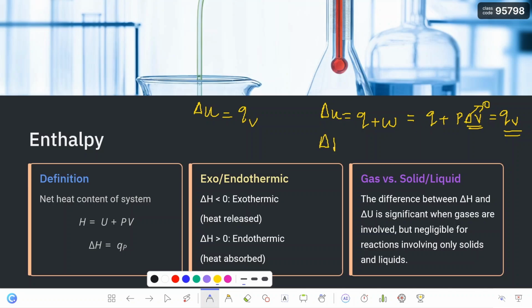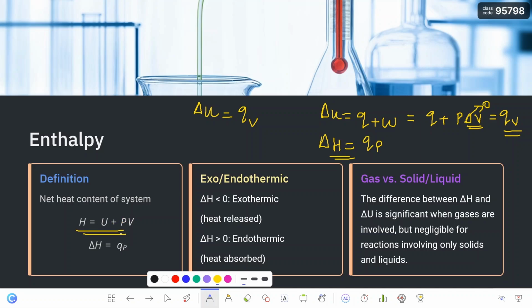Similarly, delta H, which is enthalpy, will be equal to QP. How this is coming, we will learn. I will show how it is coming. For now, you should remember H is the net heat content of the system, which is equal to U plus PV, which is the sum of internal energy plus pressure into volume.